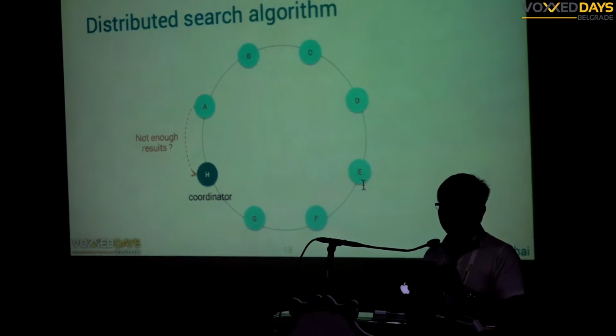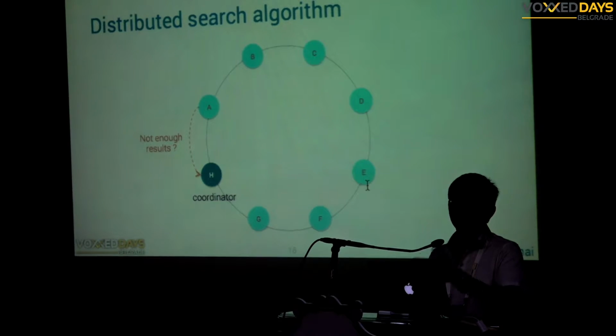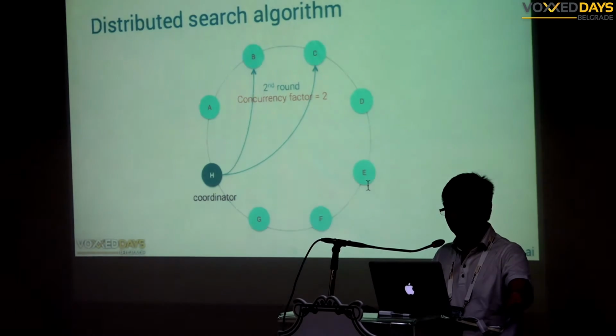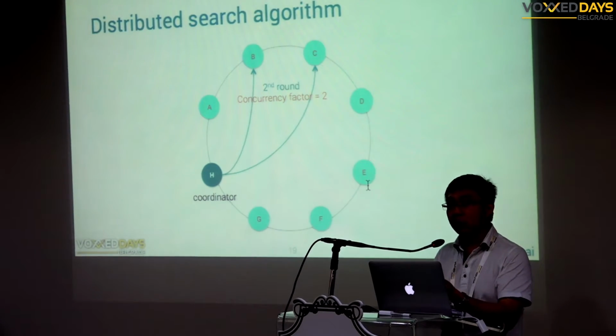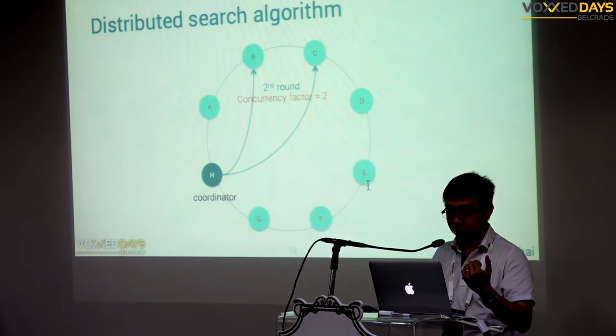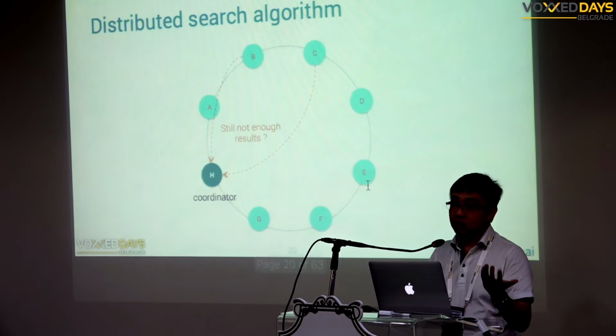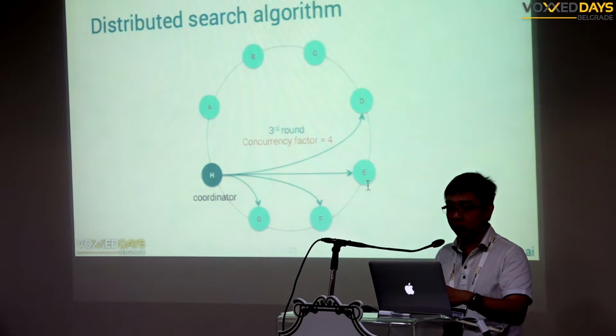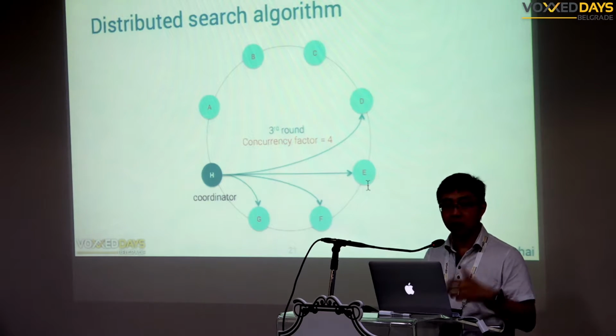You get some results back. Imagine that you say limit 1000 and you don't have enough results. Well, the coordinator will send another round of requests by increasing the concurrency factor, giving more results. Still not enough. Give it more results, and every time it will increase the concurrency factor, right? This is how it works.